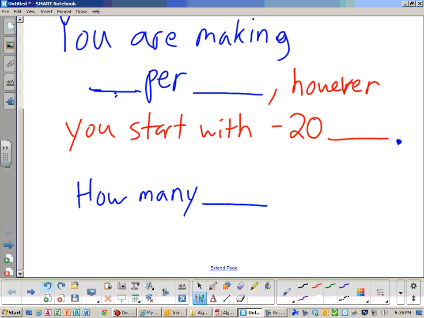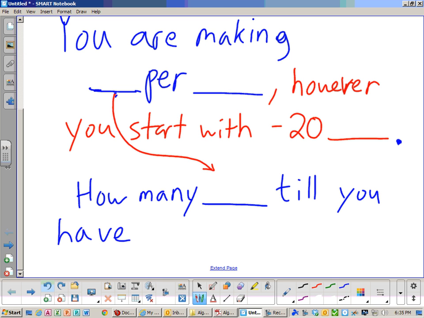So let me use red. How many, whatever you write, please write it here, till you have blank, and this is going to be some number here, right? Whatever this word is, so let me make sure. Yeah, that's right, per minute.